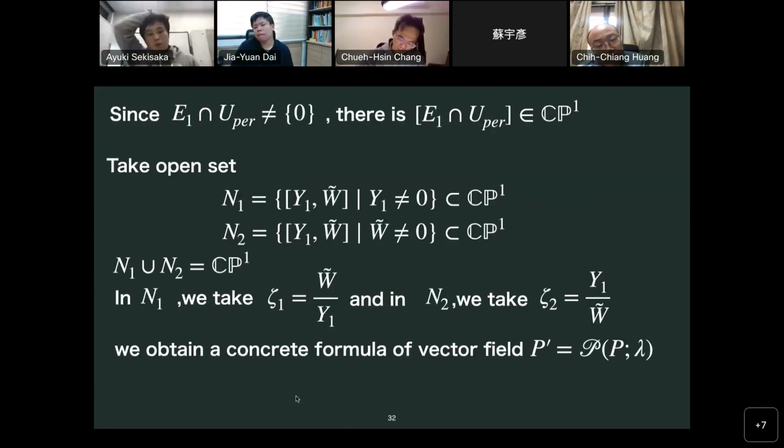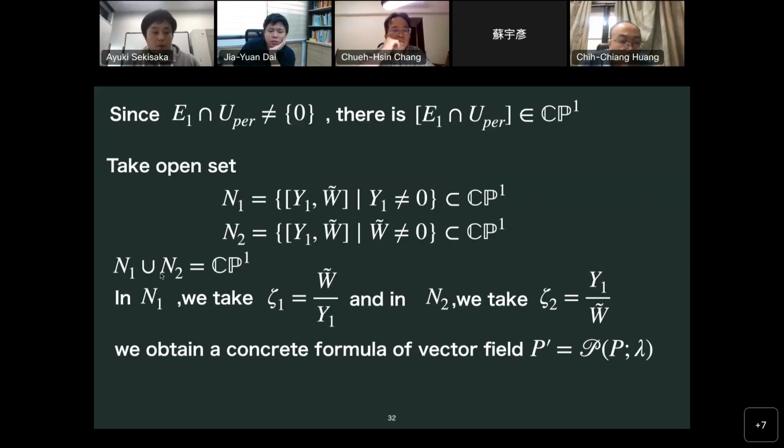Okay, so we consider the intersection problem in CP1. We can take two open sets, N1 and N2, like this. N1 is where y1 is not equal to 0, and N2 is where y2 tilde is not equal to 0.